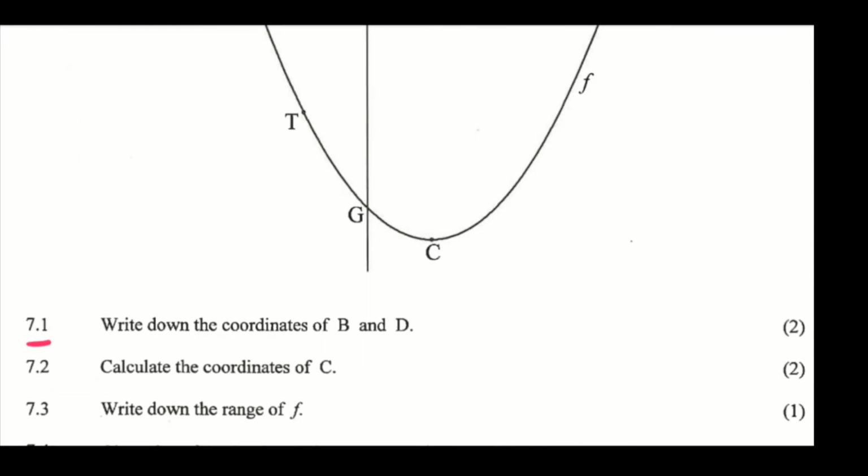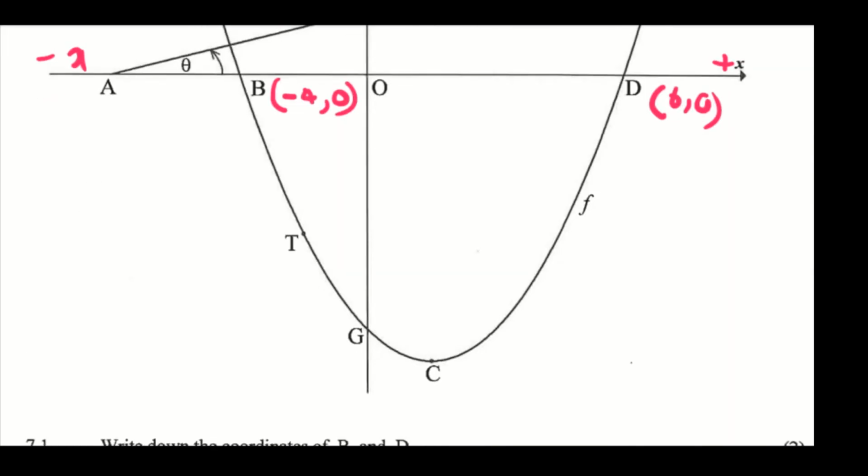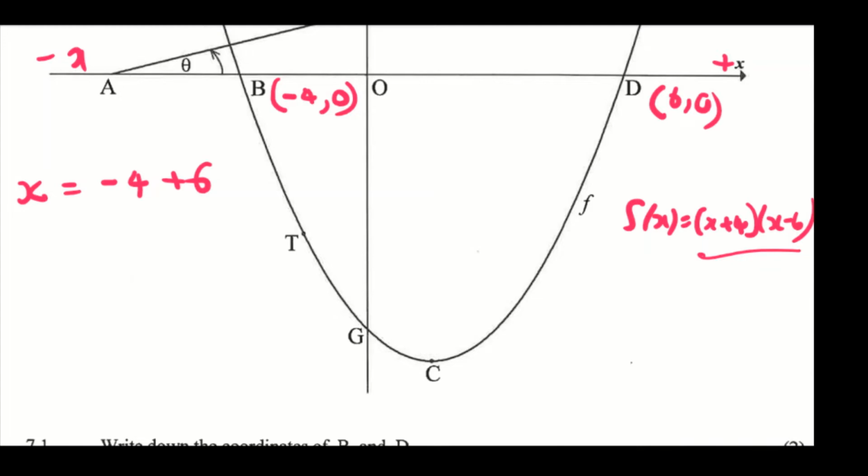Okay, fine. 7.2 says that we must write down the coordinates of C, the turning point, right? You can find the product of f(x) = (x + 4)(x - 6), or you can simply use your x-intercepts of -4 and 6, which is what I'm going to do. I'm going to add -4 and 6 and divide by 2 to find the axis of symmetry, which divides the function into two equal parts.